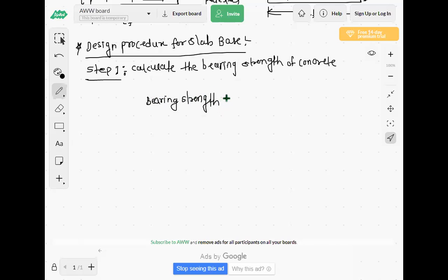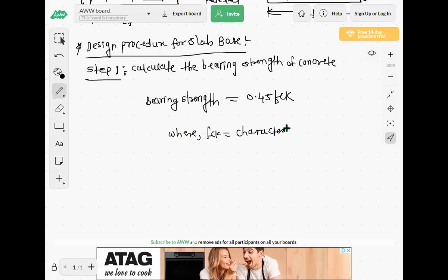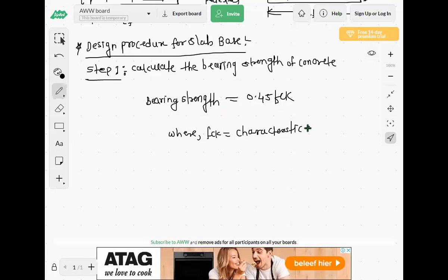bearing strength is equal to 0.45 fck, where fck is the characteristic strength of concrete. How to calculate characteristic strength of concrete?